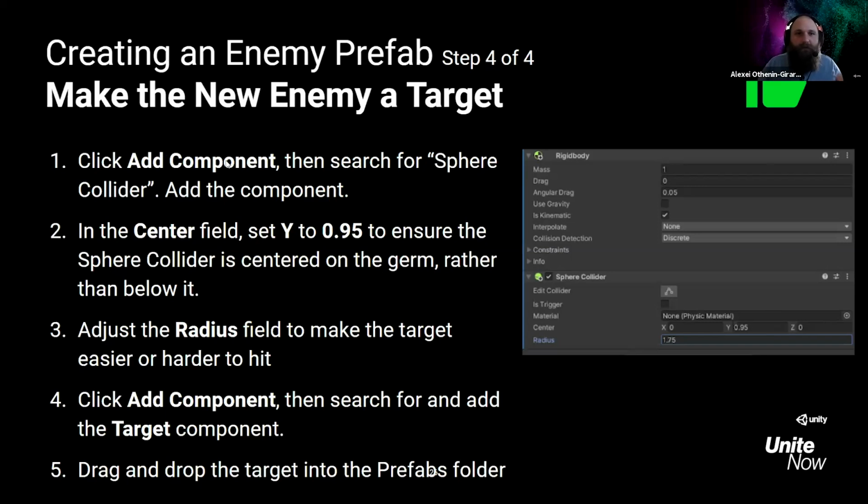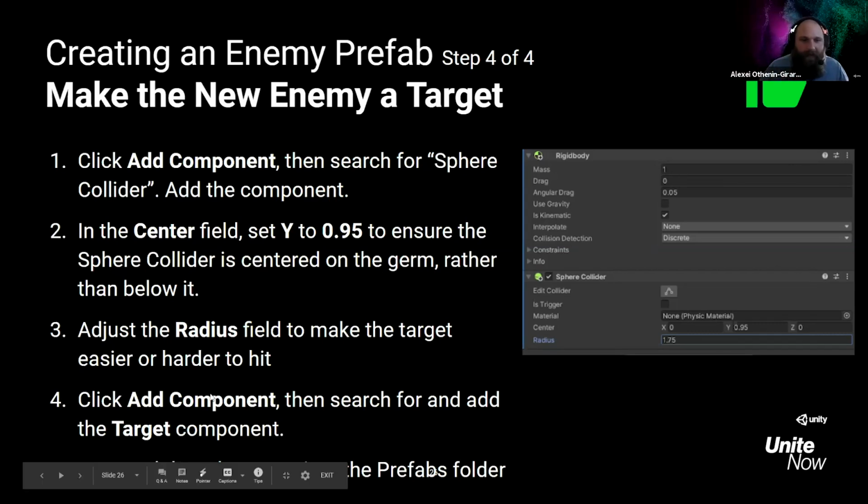Same process: you're going to grab the sphere collider, add the component using the add component button, and then set the center property in Y to 0.95 so that the sphere collider is inside the germ rather than below it, and then adjust the radius field so that it's like a cage around the object, rather than being inside or outside of it. And then, okay, we'll need to add the target component. I did this all out of order and I apologize.